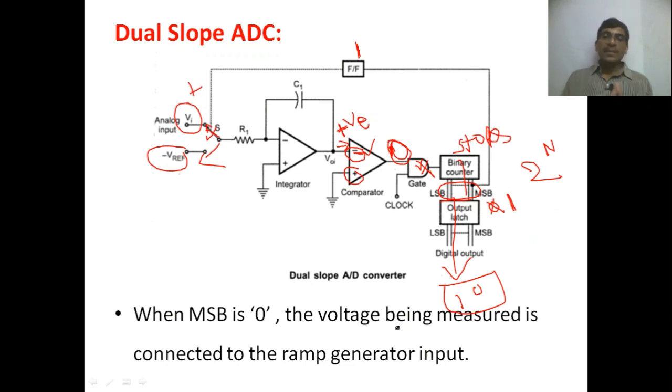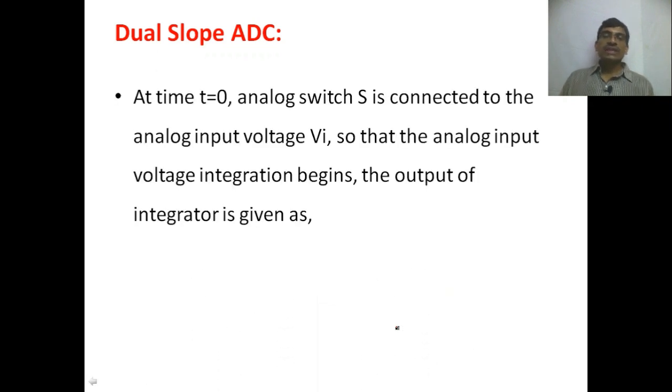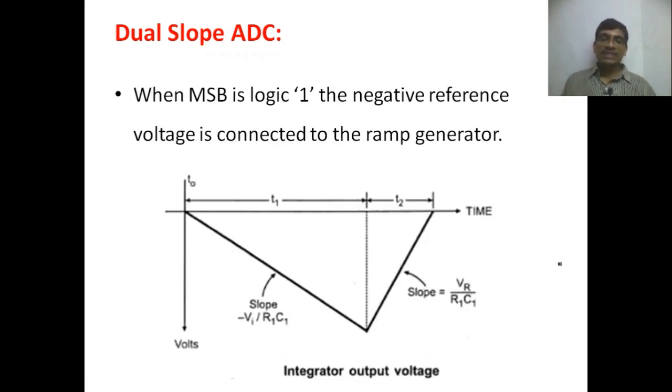The time taken by the slope from the negative voltage to 0 will be the time required to measure the analog input signal. From this diagram we can say the integrator output: up to here the count is increasing, thereafter the integrator output becomes positive, in the sense it starts from this negative voltage to positive voltage.